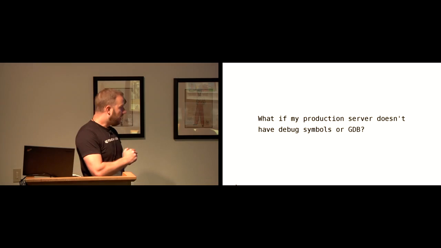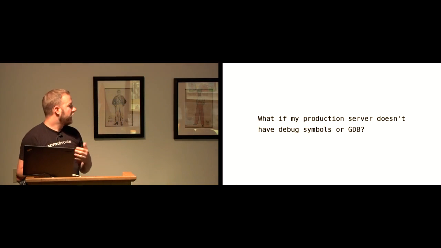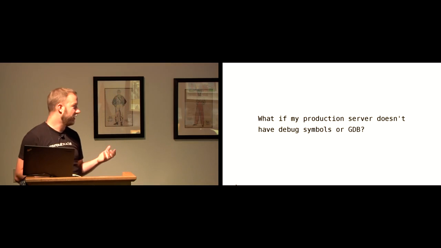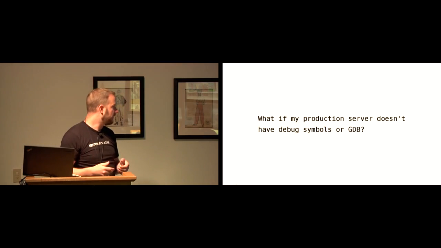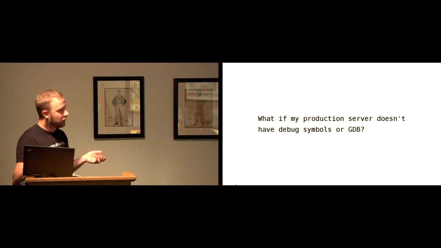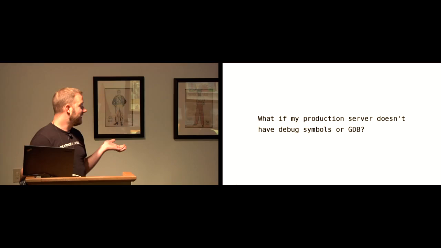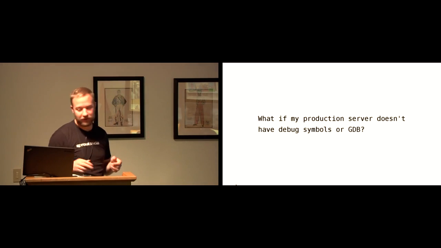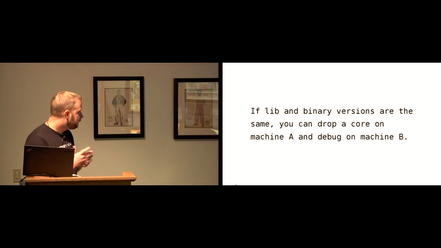So this happens all the time. People ask me, okay, well that's great, but my production server is not outfitted with GDB, it doesn't have debug symbols, and furthermore, my DevOps team is never going to let me do this. So what can I do there? Or perhaps the bug you're trying to chase down happens before you get a chance to install debug symbols or GDB on there.